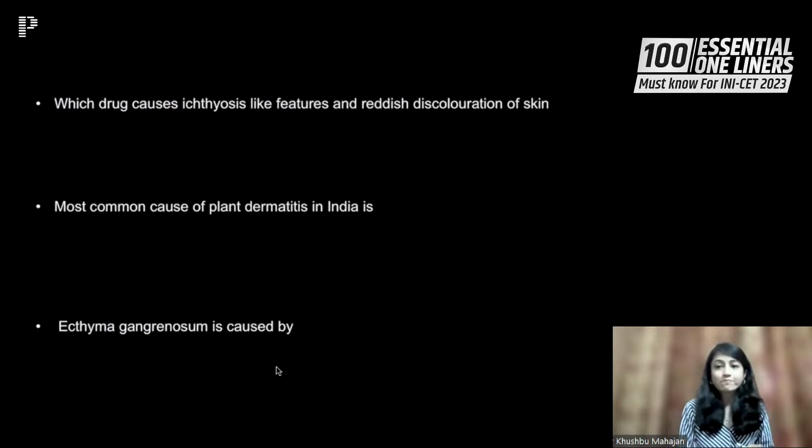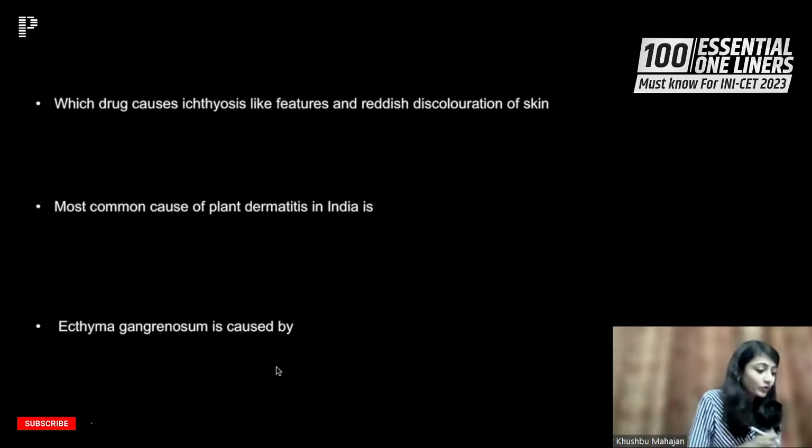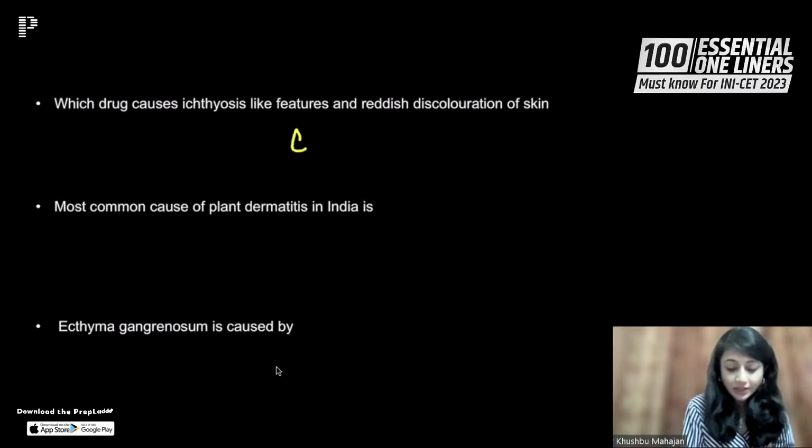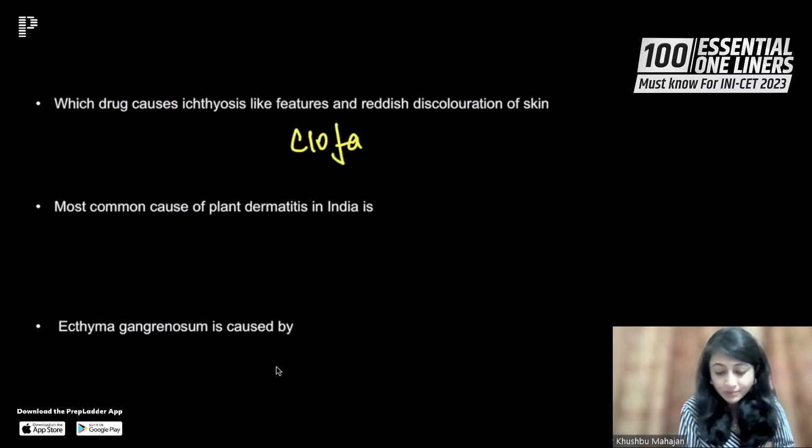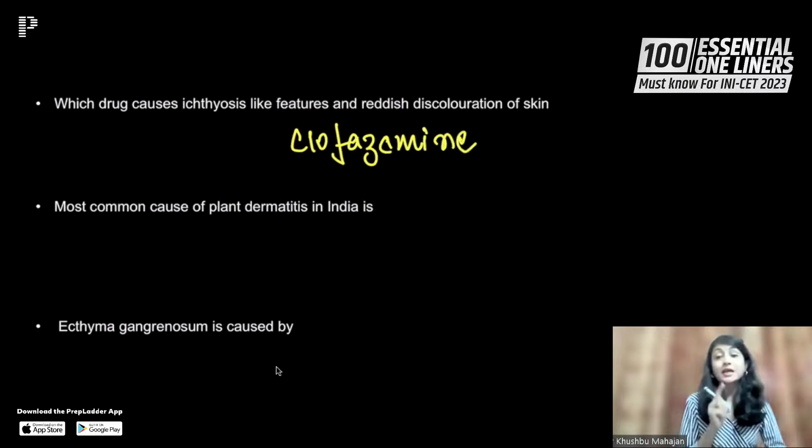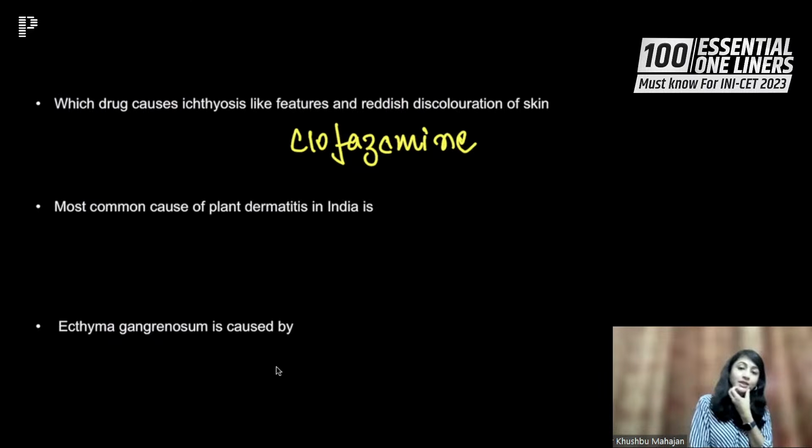Think. Himadri, you are absolutely right. Clofazimine. Clofazimine is the drug which causes ichthyosis-like features and reddish discoloration of the skin, and we use it for leprosy.